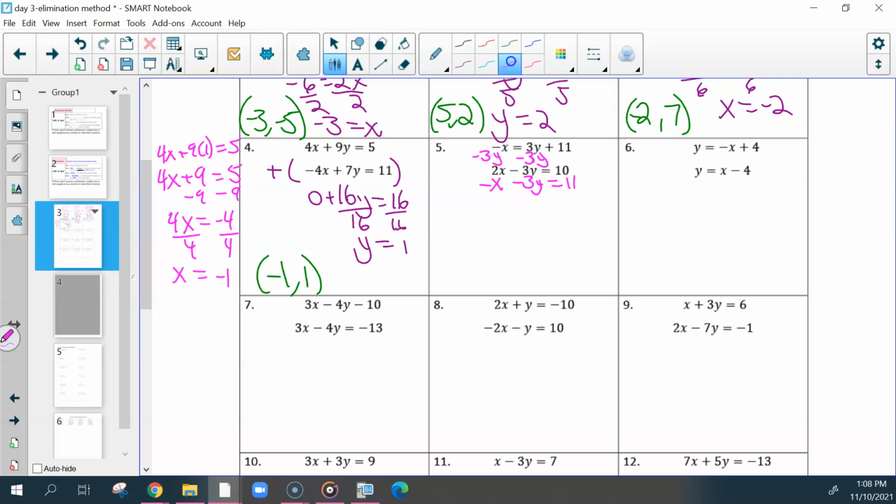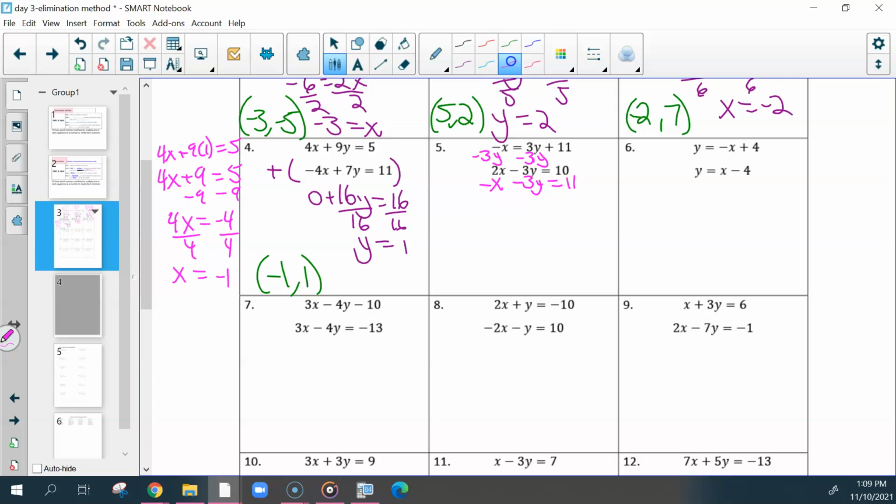In this example, we have the same y coefficients, and they're both negative. So the question is, if I were to add them together, -3 plus a -3, that would be the same thing as -3 minus 3. Would that eliminate it?